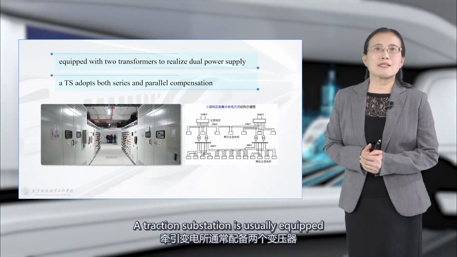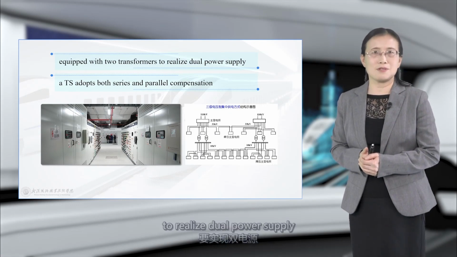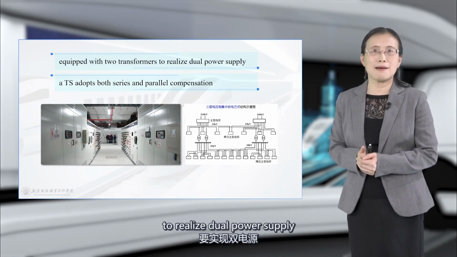A traction substation is usually equipped with two transformers to realize dual power supply.